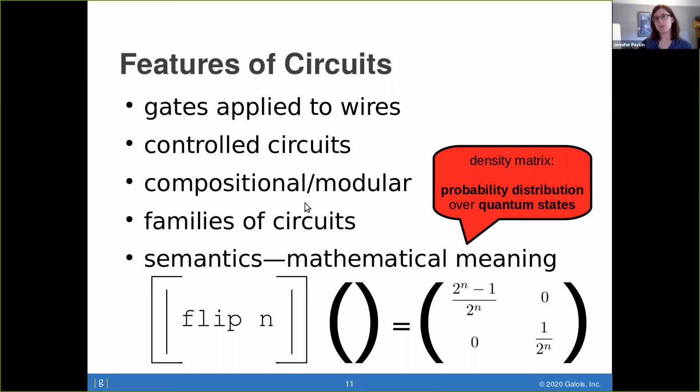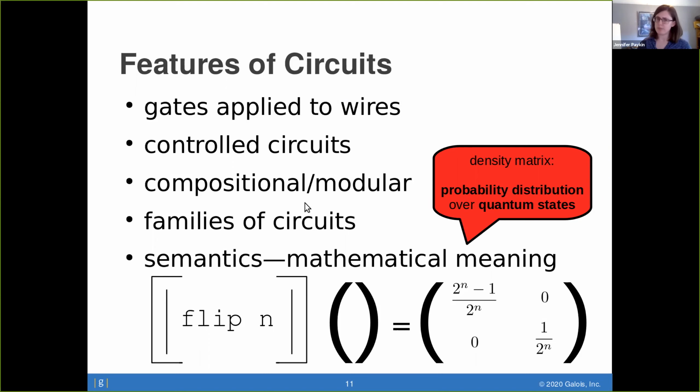So now no longer just a probability distribution over bit 0 and 1, but now over the underlying quantum state. And the benefit of this is that now we no longer have to just reason about the classical output of our circuits, but in fact we can reason compositionally about the quantum behavior of our programs as well.